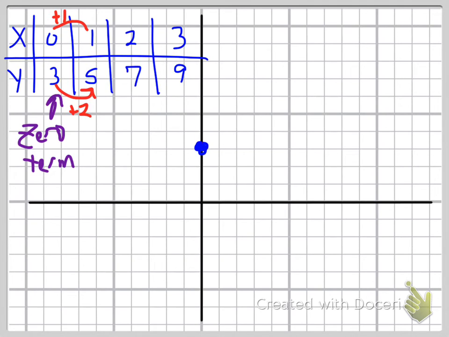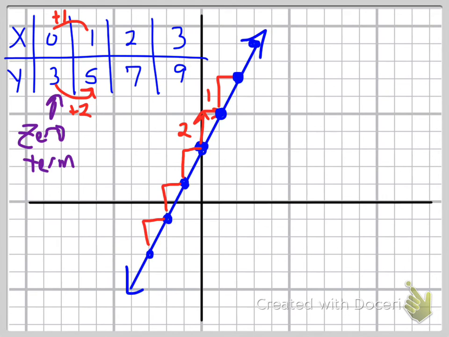So I can make my slope triangle of up 2 in the y direction and to the right 1 in the x direction, and place my next dot, and I can continue that pattern. I can also go the other direction and put dots the other way because they have these same slope triangles. And now I draw my line through them, and there's the equation, y equals 2x plus 3.